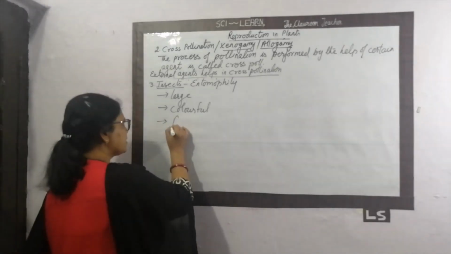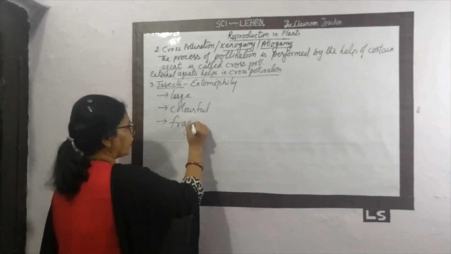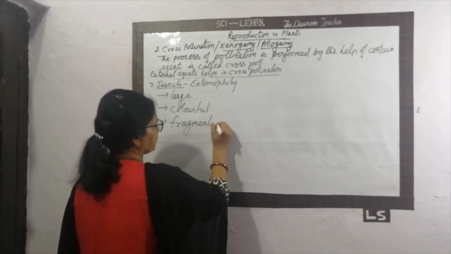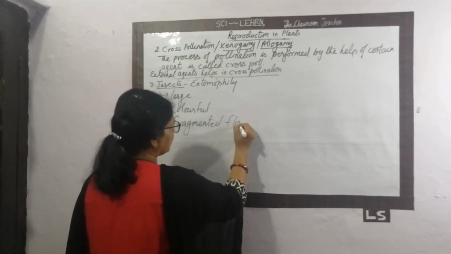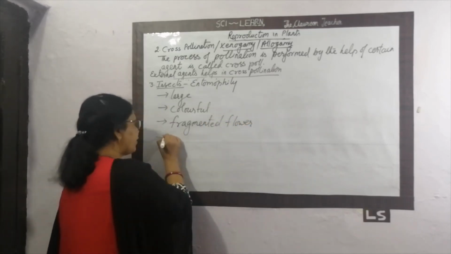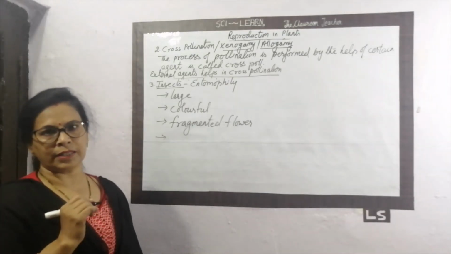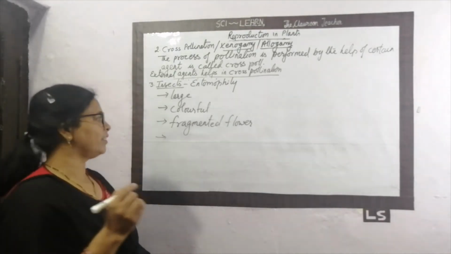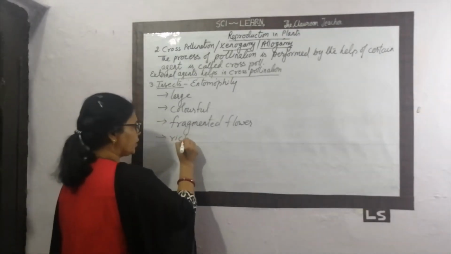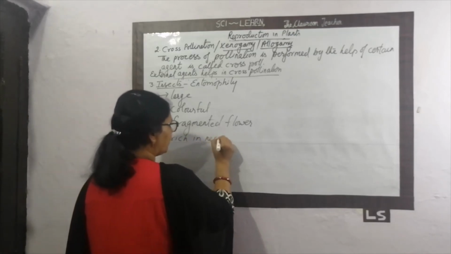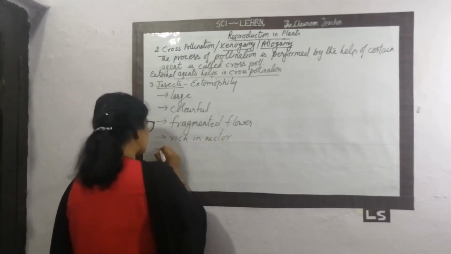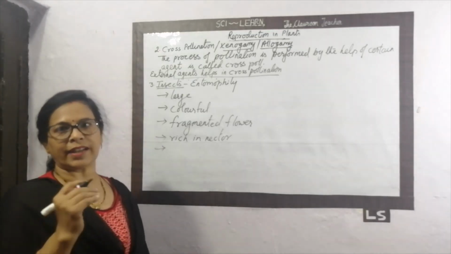It must be fragmented, fragments must be there in the flower. Okay. It is rich in nectar, which is able to attract the insect towards it.